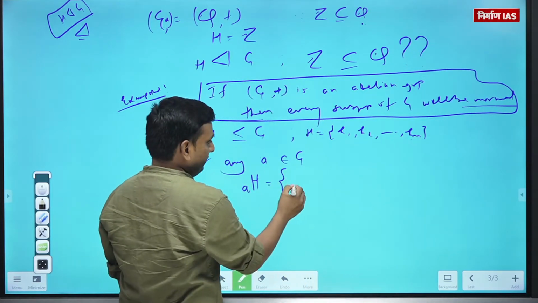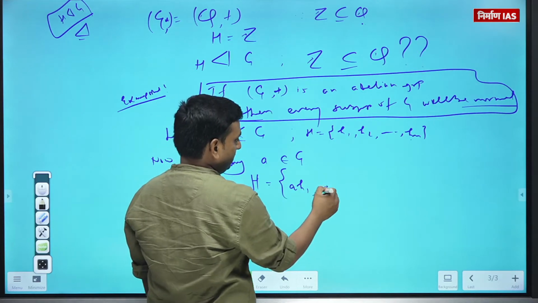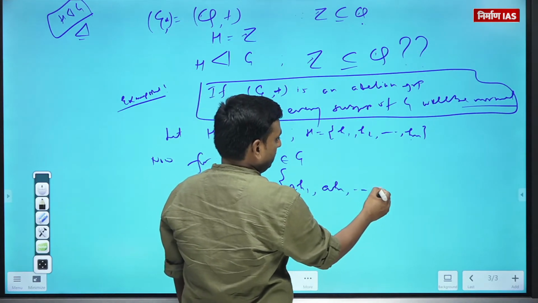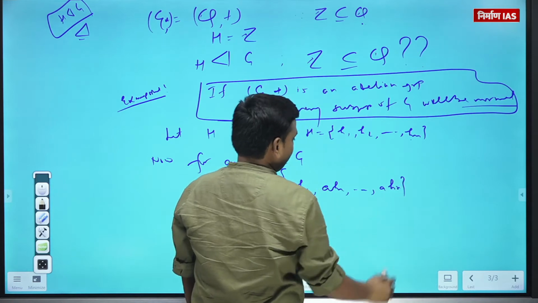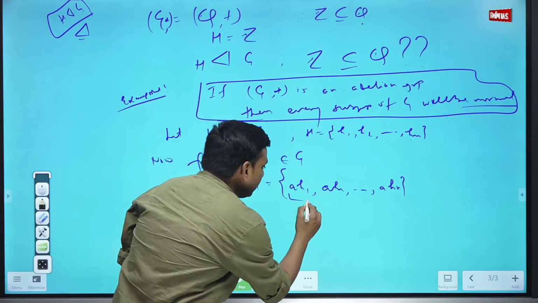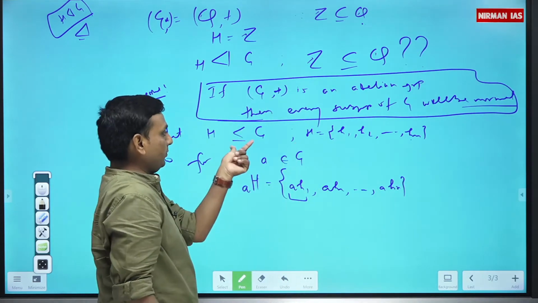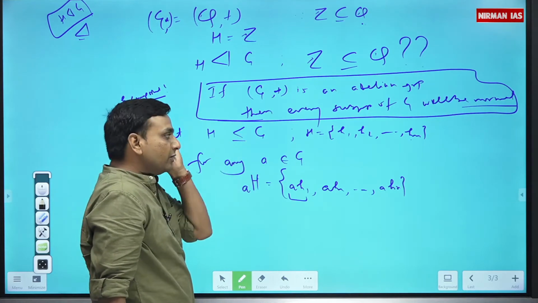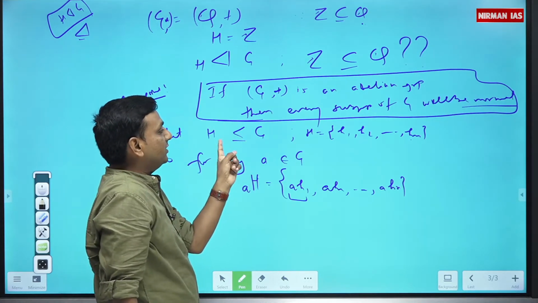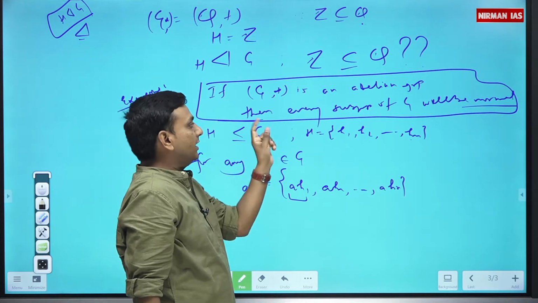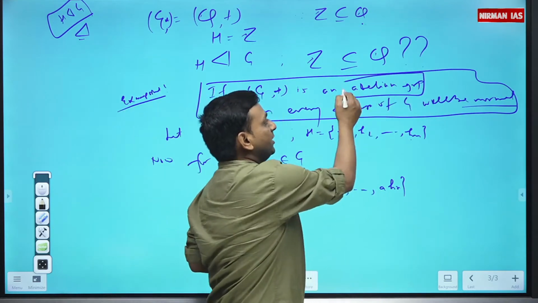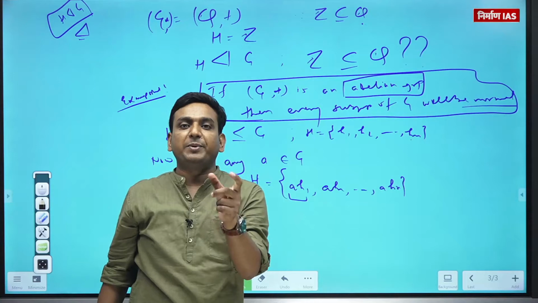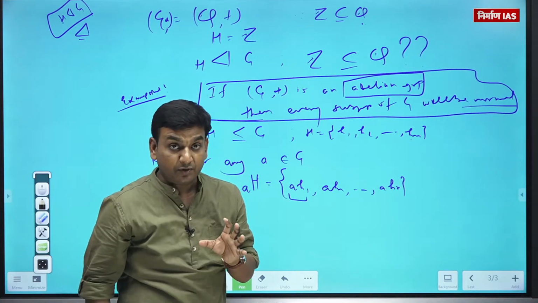So aH will be ah1, ah2, up to ahn, okay dear? But H is a subgroup of G, meaning a subset of G. So elements of H are coming from G only, and G is abelian, meaning elements of capital G follow commutativity.